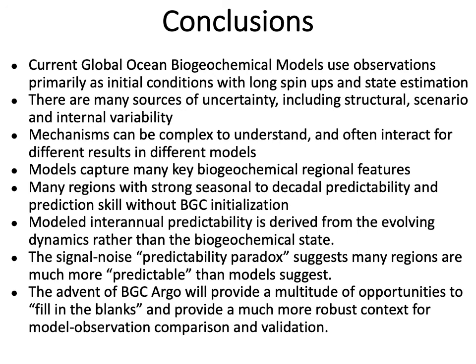Models capture many key biogeochemical regional features, however, and many regions exhibit strong seasonal and decadal predictability and prediction skill, even without biogeochemical initialization, as modeled interannual predictability is derived from the evolving dynamics rather than the ecosystem or biogeochemical state.